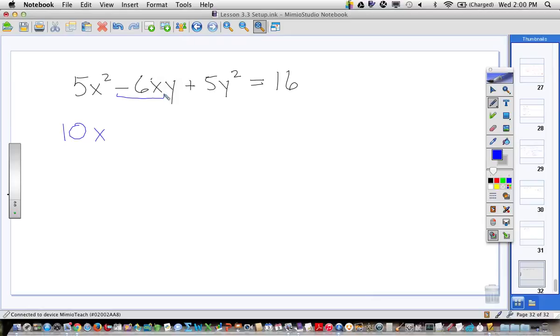Now, I'm going to give you a little bit of help here, and I'm going to group the -6 with the x. Well, no. No. Soon they forget.